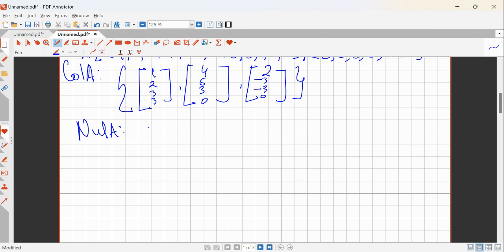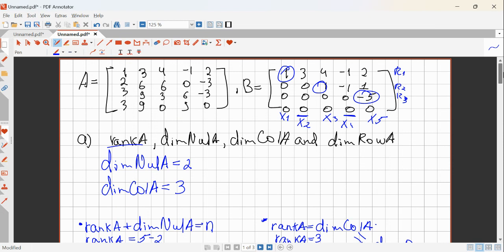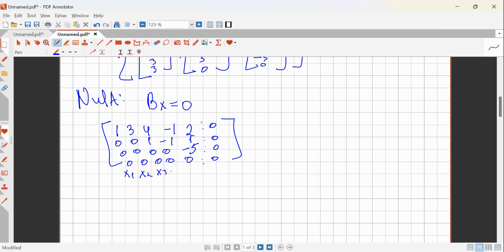So let's write the matrix equation: Bx equals 0. It's a homogeneous system.